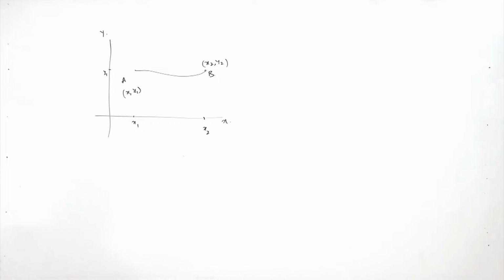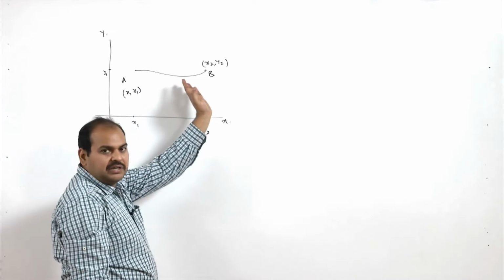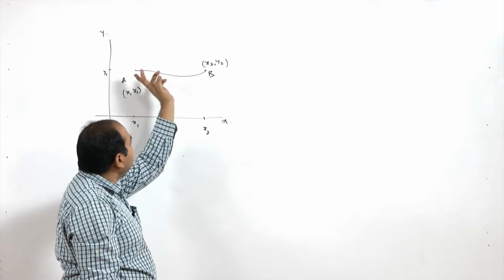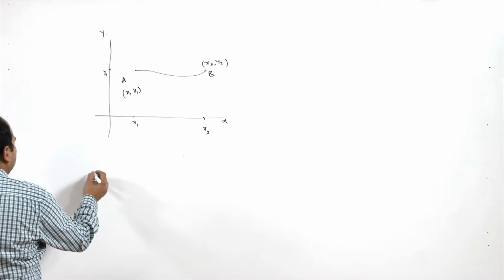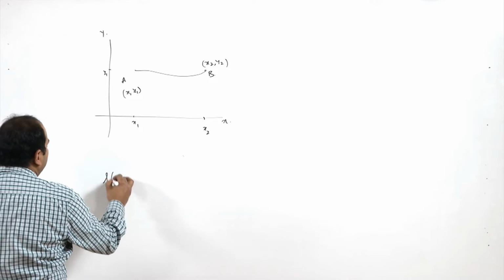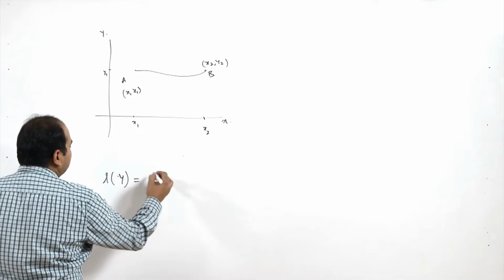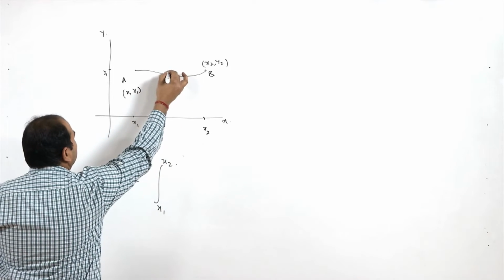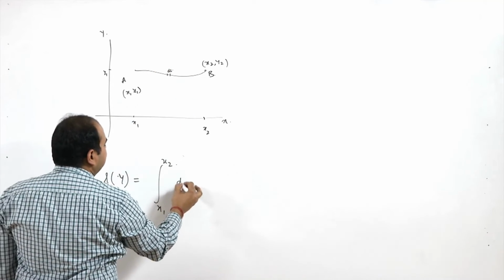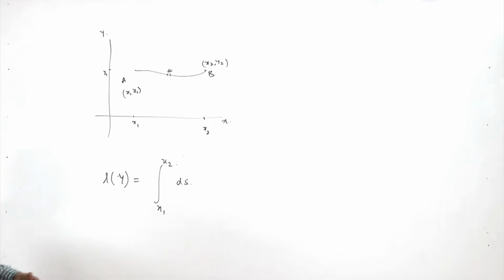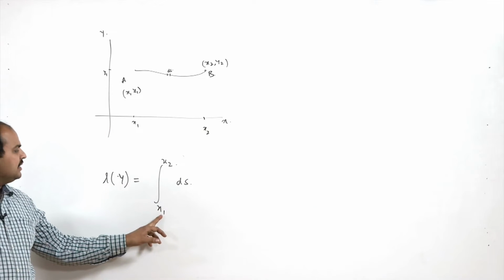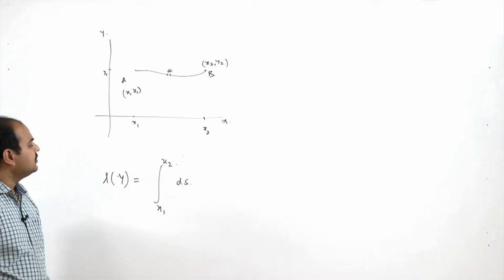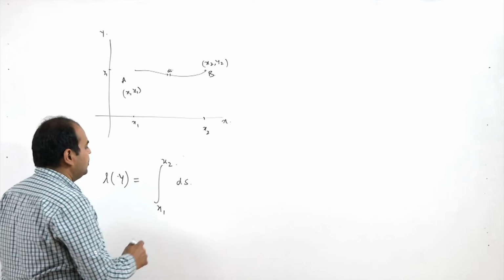We can draw many curves connecting A and B, and we try to find the curve which minimizes the length of the curve connecting A and B. So if we look at the length of y between x1 and x2, and take the line element as d of s, then the length of y is defined as the integral from x1 to x2 of this line element.